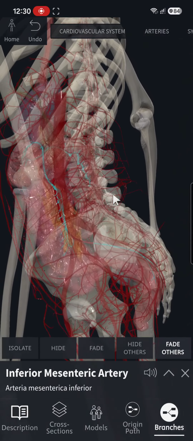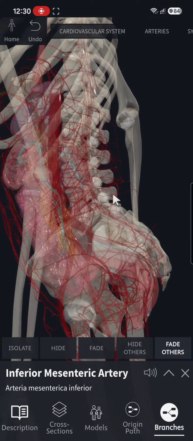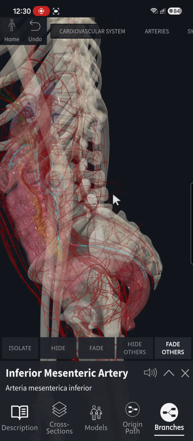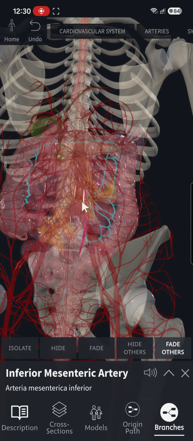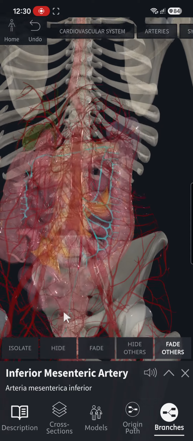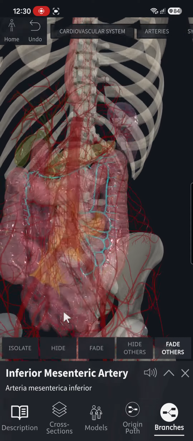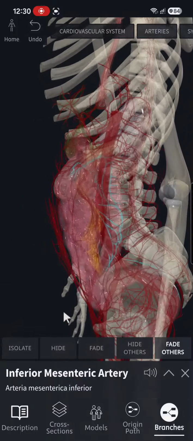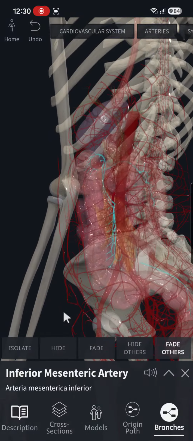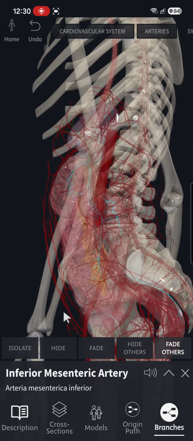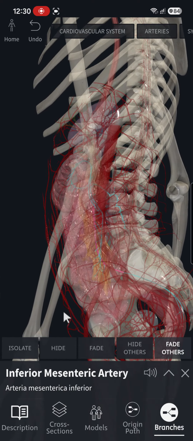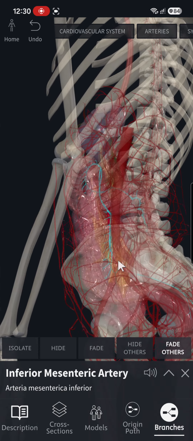I don't know if I can view it here. Okay, here it is. This artery falls down the midline from the bifurcation, and it originates from the posterior part of the aorta, right?